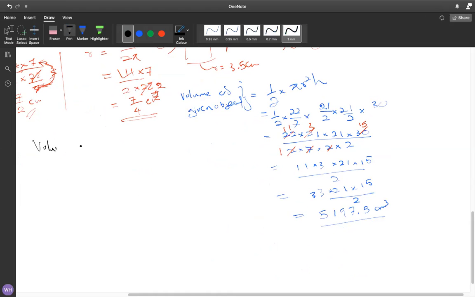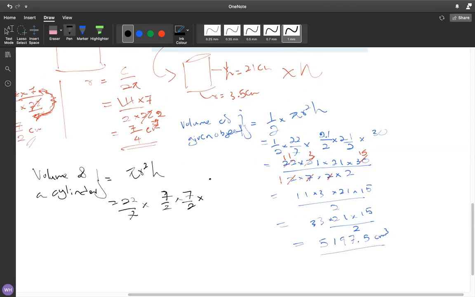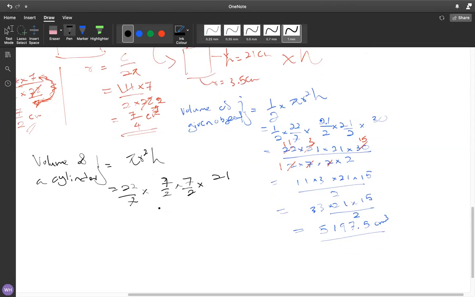Volume of a cylinder, pi r squared h. Pi in the sense 22/7, and the radius is 3.5, which is 7/2 and 7/2, and the height is 21.